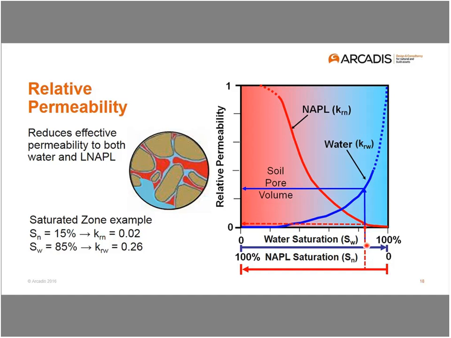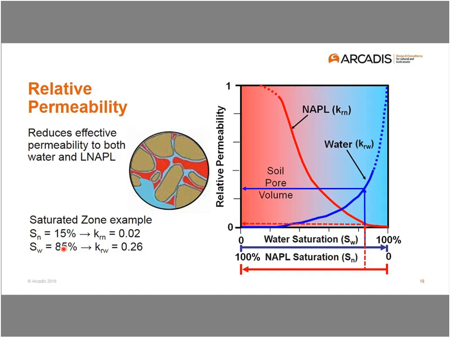We come over here and get about 15% LNAPL, come up to this LNAPL relative permeability curve, and here the symbol for relative permeability is this K, which is permeability, with a relative for the non-wetting phase. So we look at this red line here, look at the 15% NAPL saturation, and come over here to the relative permeability, and let's call it about 2%. So the relative permeability, even at 15% saturation, is only about 2% of the intrinsic permeability.